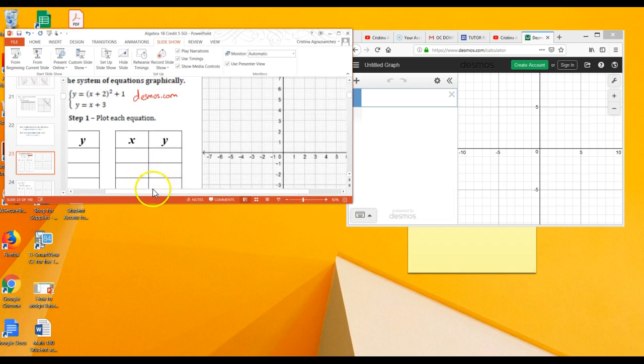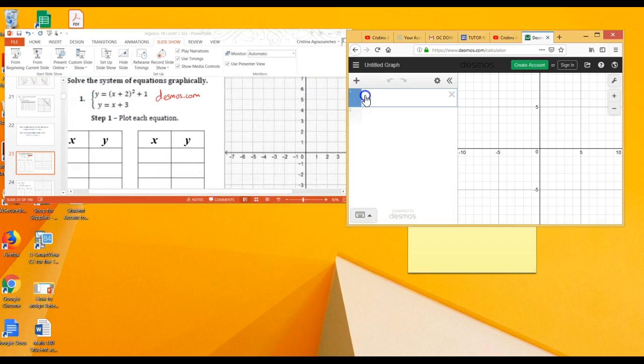It's on your paper as well. So we're going to write in a table of values. We'll keep this as x and that is y. Y equals, I'm going to copy this one down, parentheses, x plus 2.